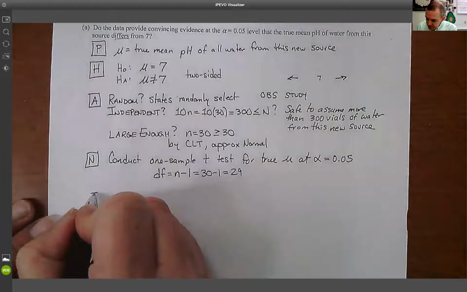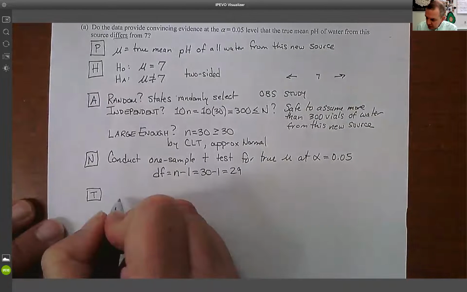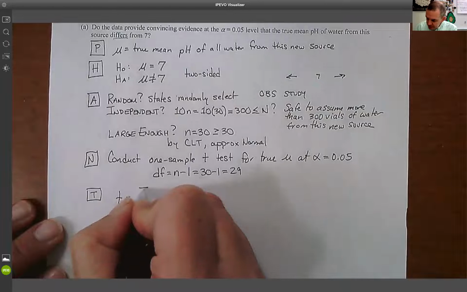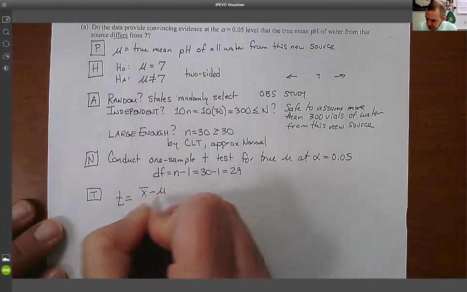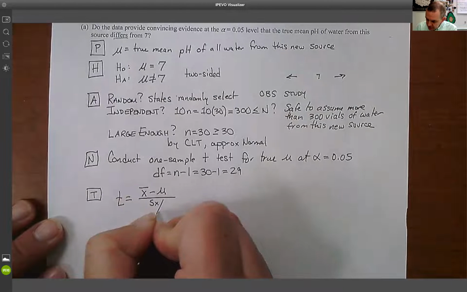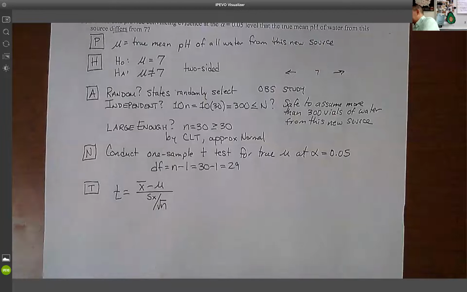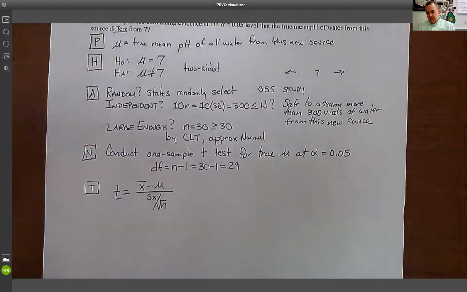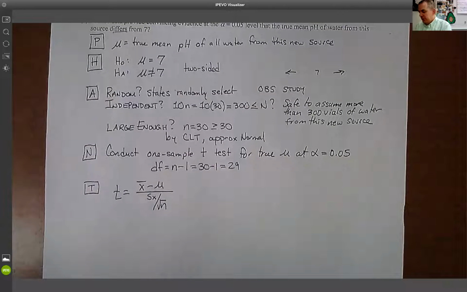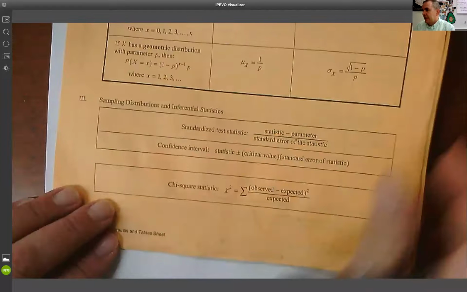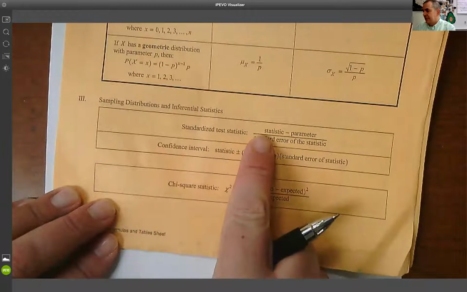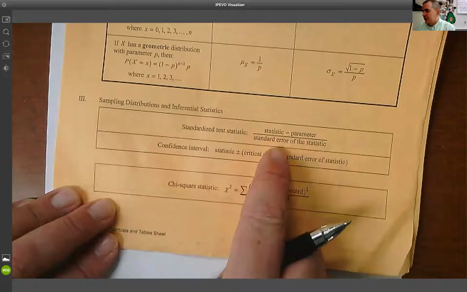Now T. Our T formula is as follows: T equals x bar minus mu over s over the square root of n. Let me give a general area of where you can look for this on your formula sheet. When we look down here, we see the standardized test statistic: statistic minus parameter over standard error.